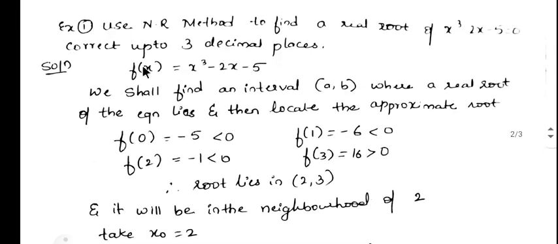Here we have to find f dash. This is f of x; next, f dash of x means 3x square minus 2.